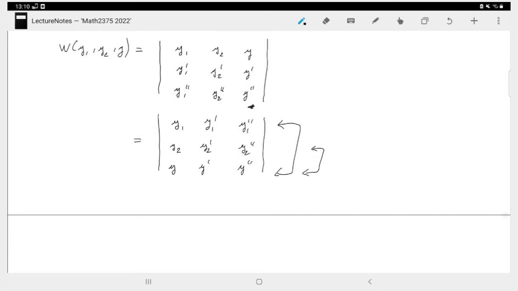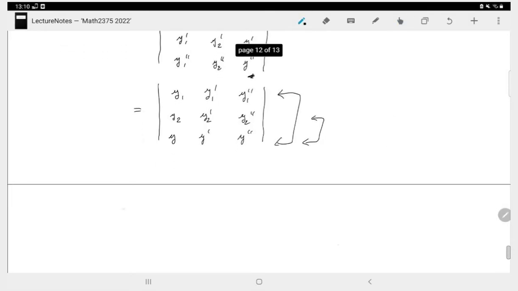Two permutations, that's two minus signs, which means I essentially have the same determinant at the end. So this is also equivalent to the following determinant: y, y prime, y double prime, y1, y1 prime, y1 double prime, and then y2, y2 prime, y2 double prime.